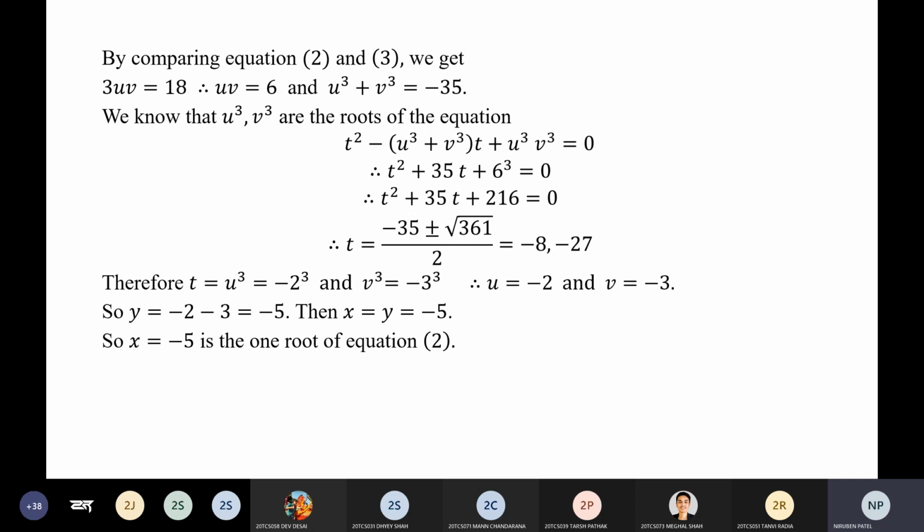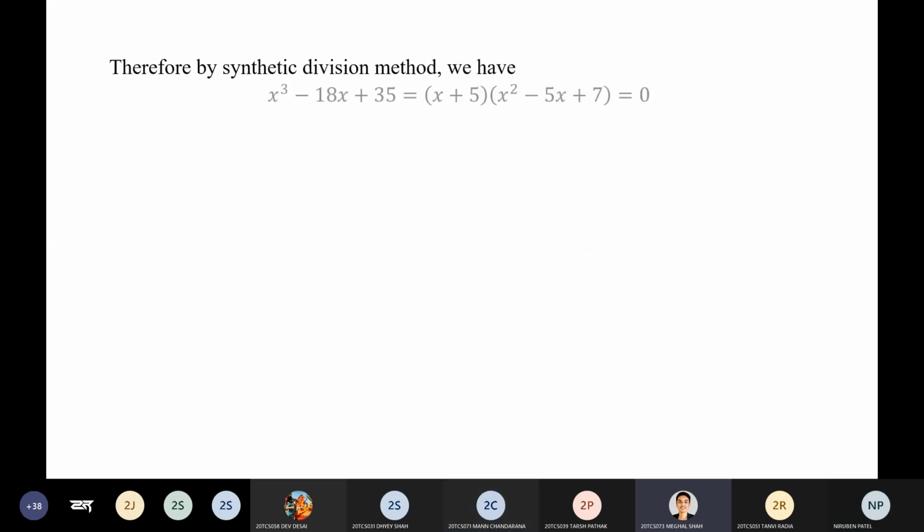So what do you get, beta? The quadratic equation will be x square minus 5x plus 7, right? And roots for this, 5 plus or minus, whole divided by 2.